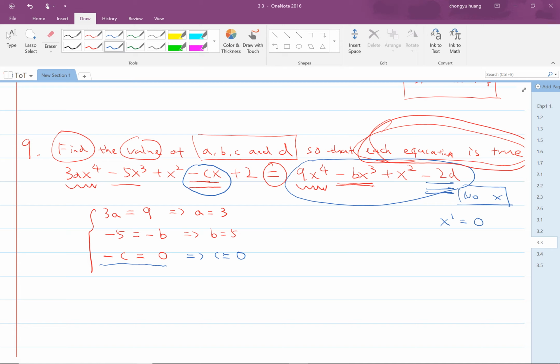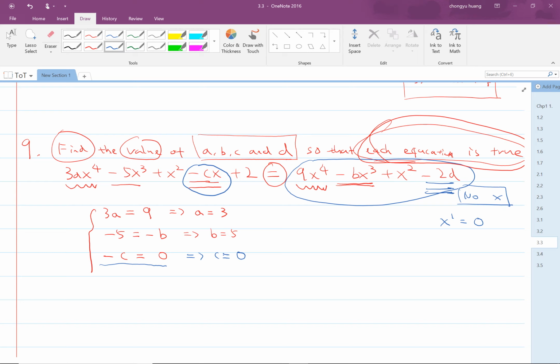It is not negative 2dx, it's just simply negative 2d. So that means negative 2d has to be a value.